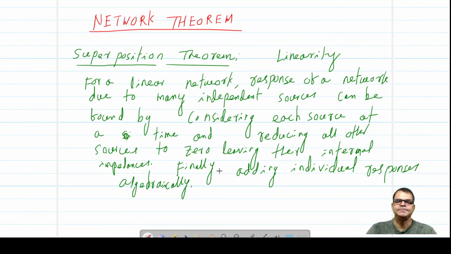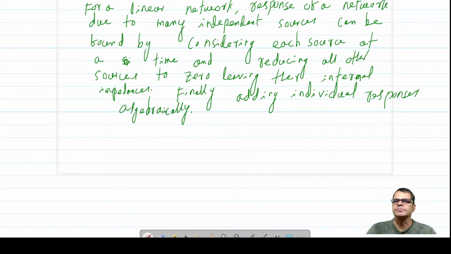What does the superposition theorem say? If you have been given a network and you want to find the response of the network at any point, it can be found by considering each source separately and reducing all other sources to 0. Then add the individual responses algebraically, that is, taking into account sign.